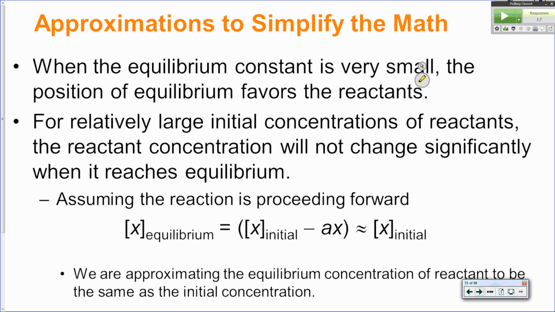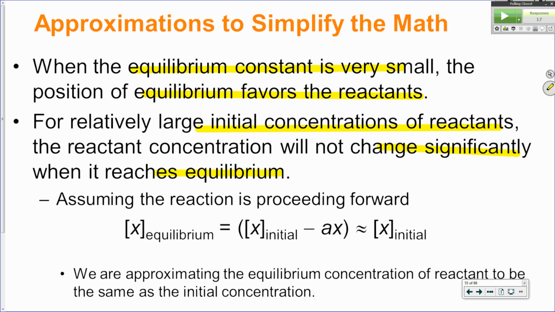So when we simplify things, here's how we do the simplifications. If the equilibrium constant is very small, that means that it favors the reactants. It's not going to go forwards very much. If it doesn't go forward very much, that means there's not a significant change to reach equilibrium.